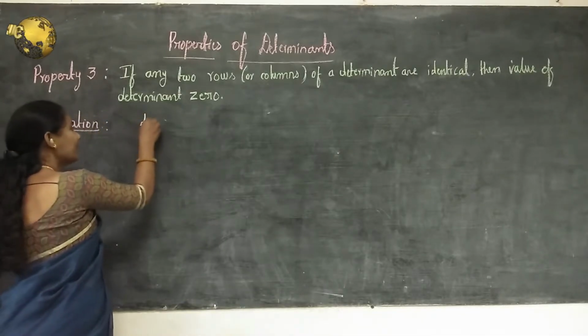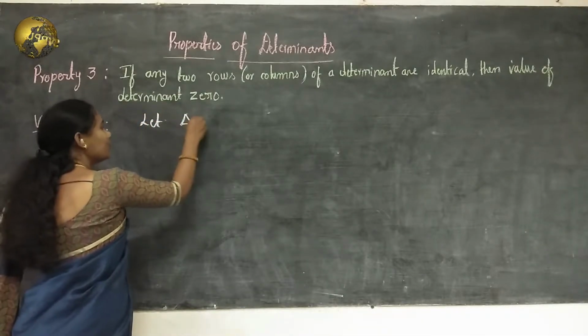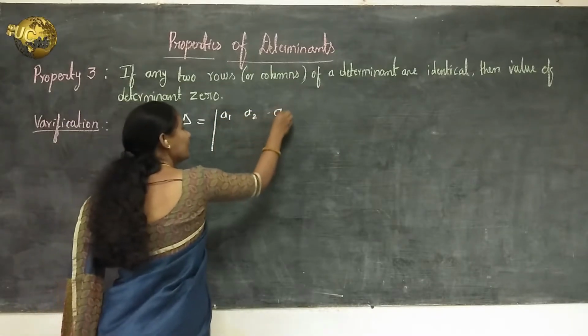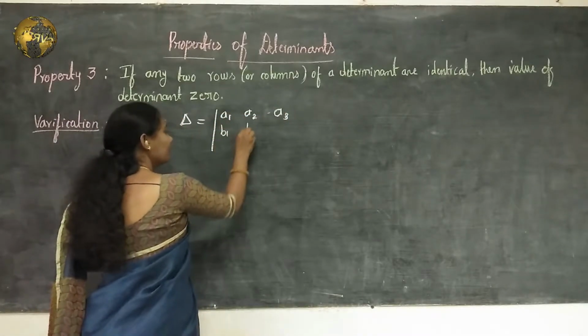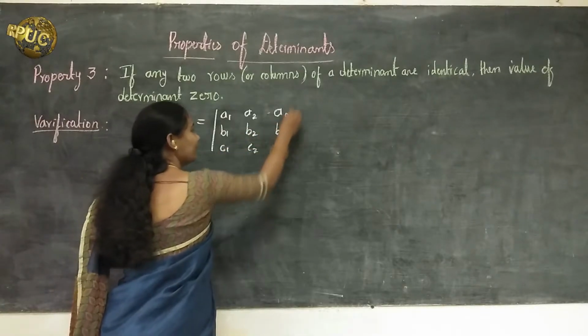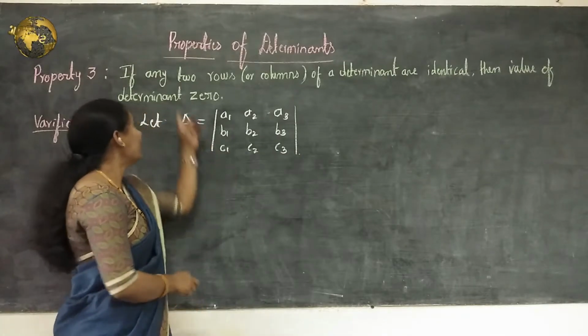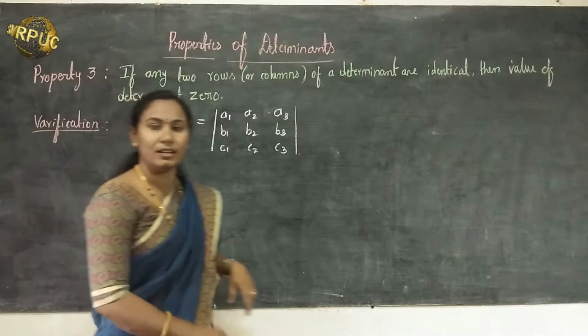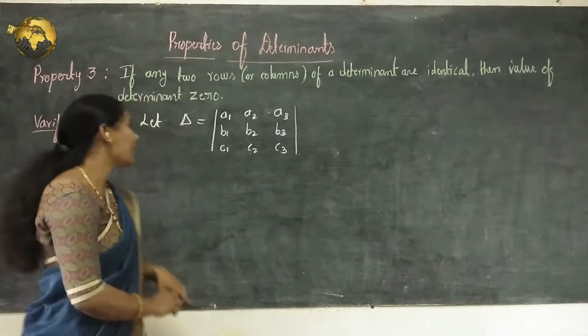Let me take delta equal to the determinant with rows A1, A2, A3; B1, B2, B3; C1, C2, C3. Here I make any two rows identical.